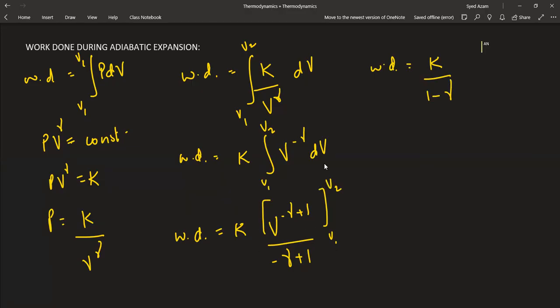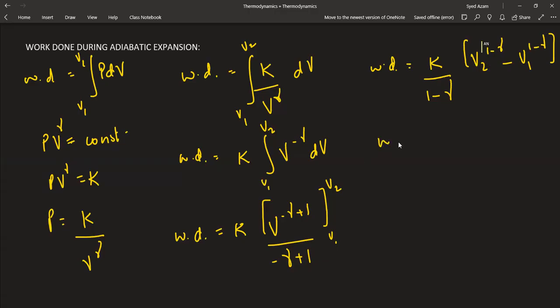Let us substitute the limits now. Instead of V, we have to put the upper limit first, so I am putting V2 first. So it will be V2 to the power 1 minus gamma minus V1 to the power 1 minus gamma. Minus gamma plus 1 or 1 minus gamma, both are the same. So this is what I have put. Now, let us do one thing. Let us multiply this K within the bracket so that we can write down the numerator.